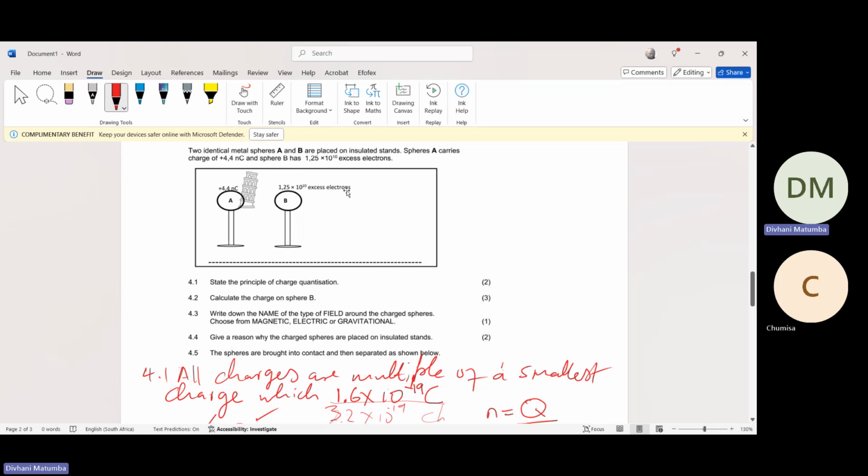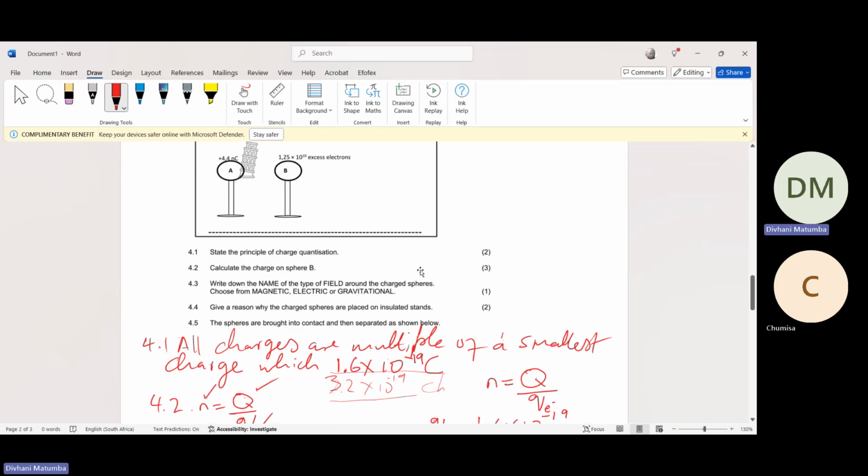So they want you to use the principle of charge quantization to see the amount of charge that you're going to have if you have 1.25 times 10 to the power of 10 electrons. They want you to use the charge quantization.